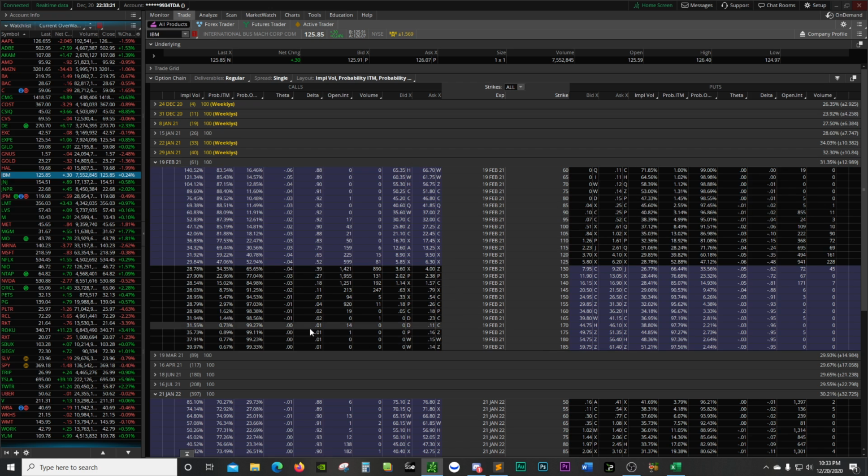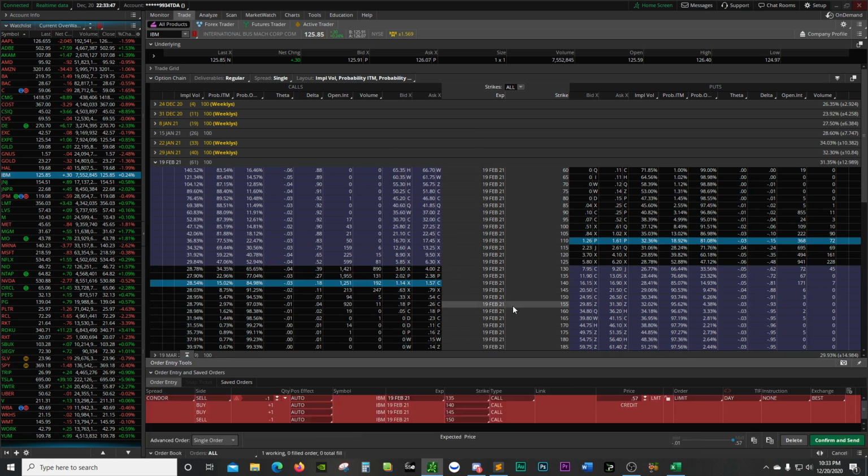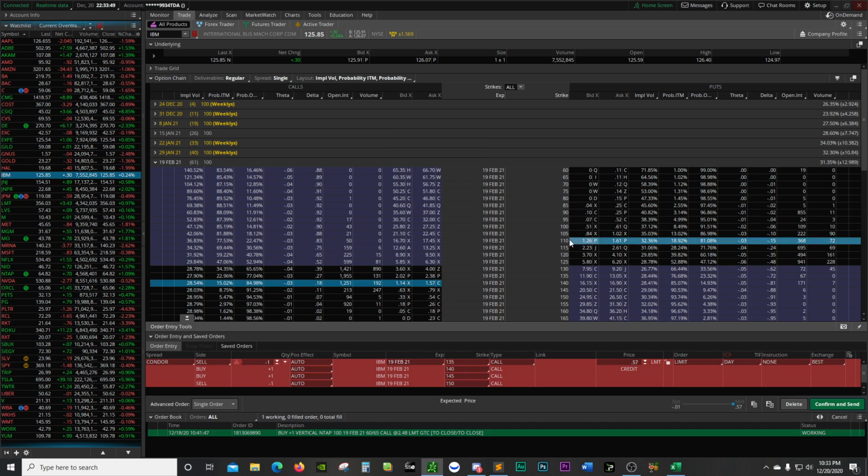And I would look for a 15 delta, so maybe 18, and then on the other side I try to make it 30 total, if that makes sense. So I would basically sell an iron condor, and then the bottom side's 110, 105. So we'll create this real quick.